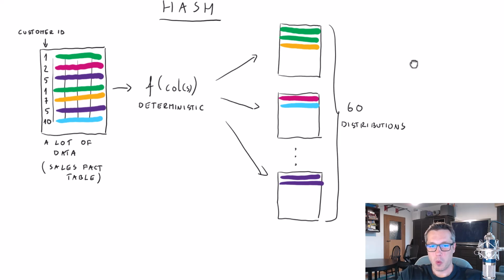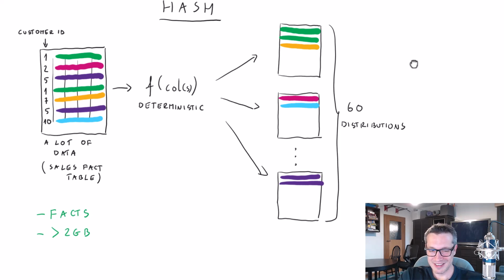Alright, so when should we use this? Well, first of all, it should be used for fact tables. For facts, not for dimensions, for those big ones, like sales transactions. Secondly, documentation says, well, if you have more than 2 gigabytes, then go with this hash distribution.